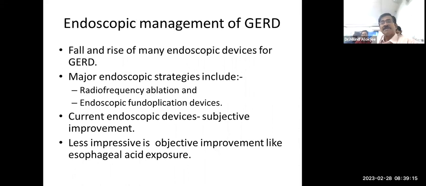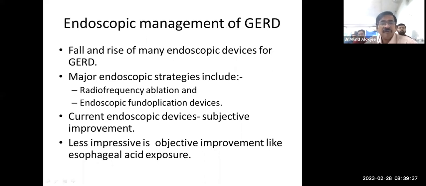Now comes the endoscopic management of GERD. There have been a lot of endoscopic procedures, and some have gone off. The major reason for endoscopic management was patients who are failing medical therapy and going for a reflux surgery.